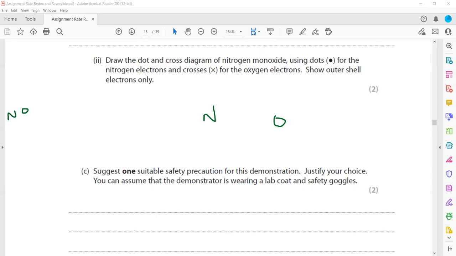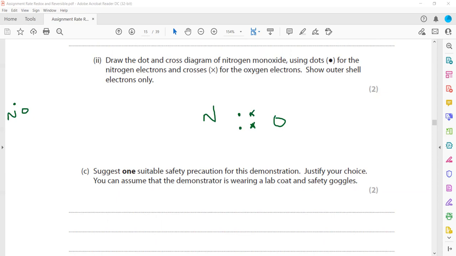Nitrogen belongs to group 5, so it will share 3. But NO is a free radical, so there will be one unshared electron, not a pair.